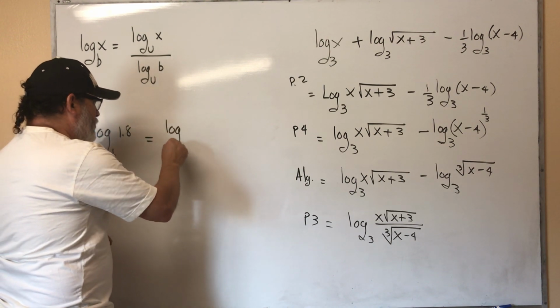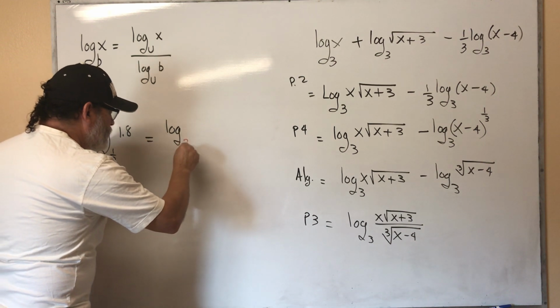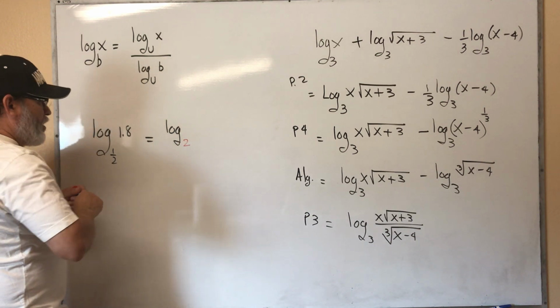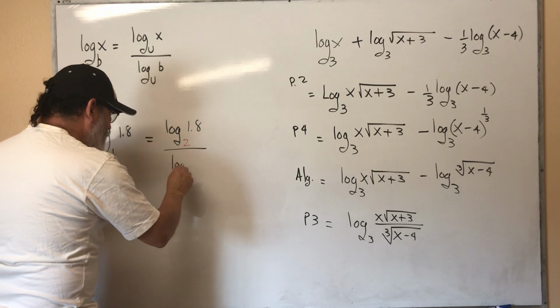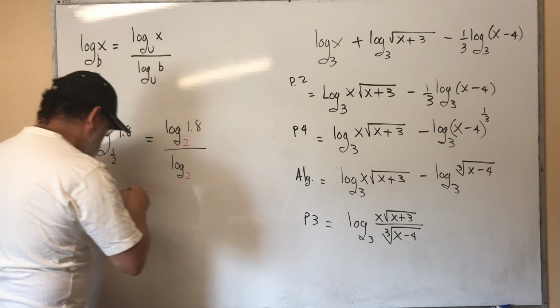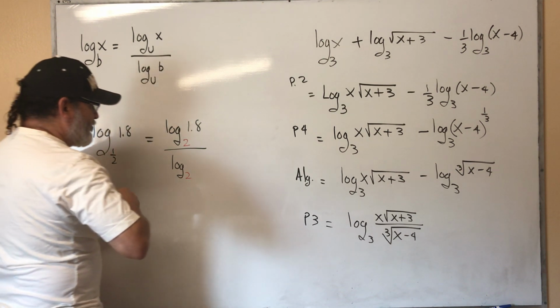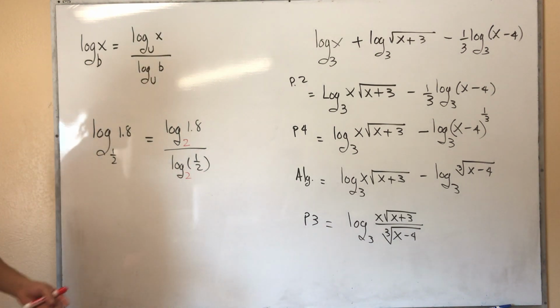Log base 2 of 1.8 divided by log base 2 of a half. You can do that.